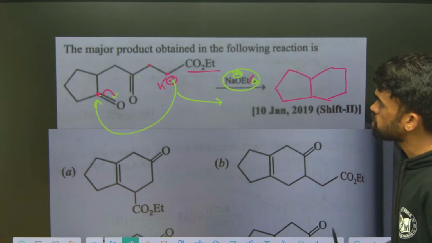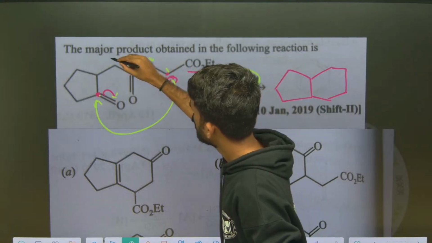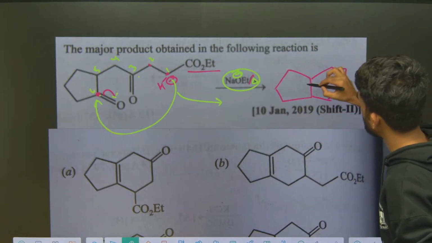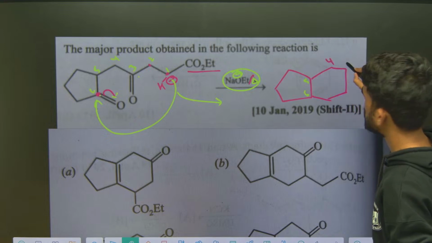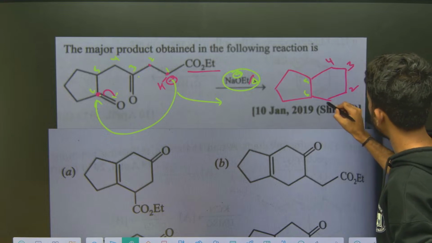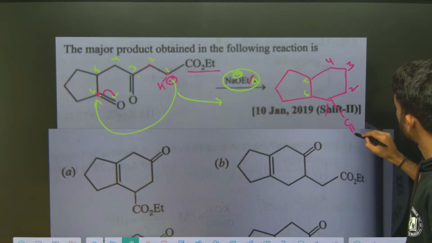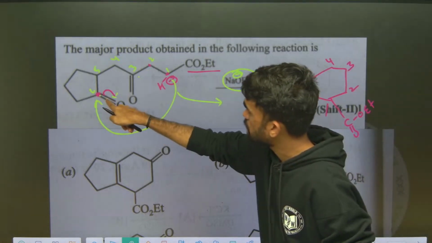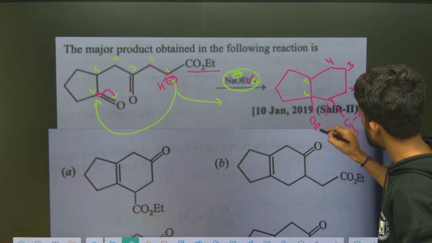Like this. Now start numbering here. So I am saying this 1, 2, 3, 4, 5, 6. Okay, so this is 5, I told you, this is 6, write those numbers, and this is 4, 3, 2 and 1. So on one carbon we have this ester group, C double bond O, OEt, and on the 6th carbon it is becoming a single bond, O minus like this.